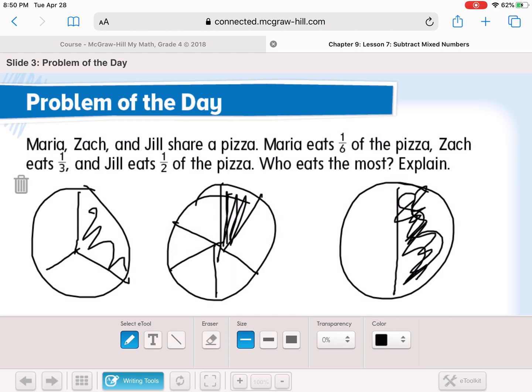So now looking at that, who ate the most? Well, Jill ate the most. Then who ate the second most? Zach did. And who ate the least? Maria. So we know that 1/2 is greater than 1/3, which is greater than 1/6.